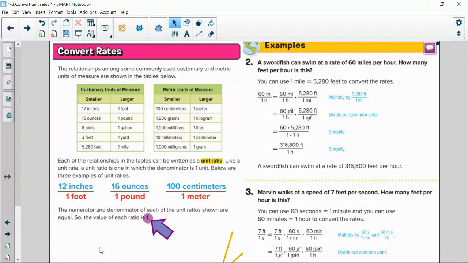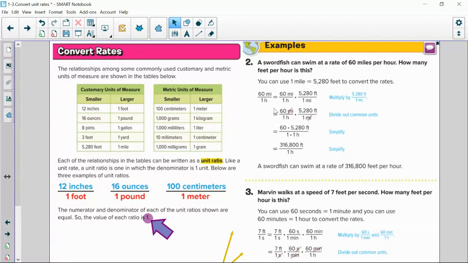The numerator and the denominator of each of the unit ratios are equal, so therefore their value is 1. Right? Because if I were to ask you, how many inches make a foot? You would say 12. So these are actually equal to each other, making a ratio of 1.